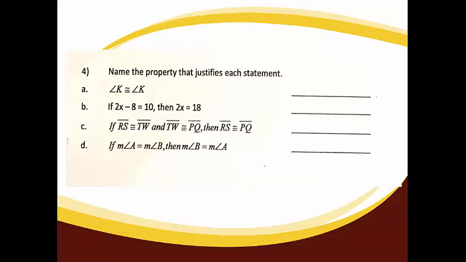All right, so let's summarize each of the 4 big properties that we talked about. When something equals itself, that is called the reflexive property. Part B looks like we added 8 to both sides. That's the addition property.